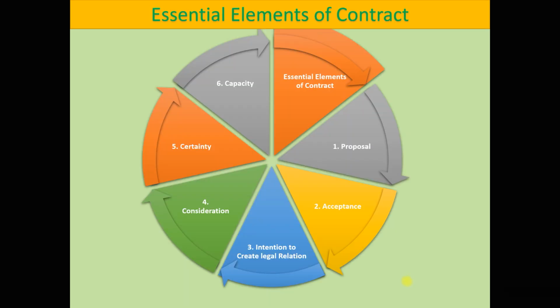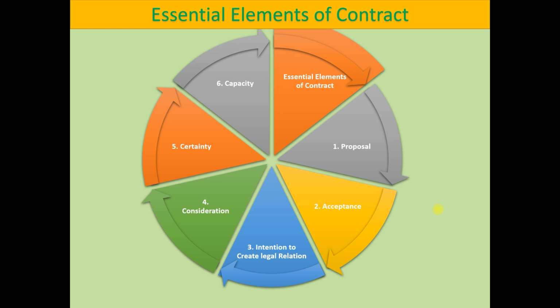Right. Okay, guys. These are the essential elements of contract. All in all, there are 6 essential elements, and by hook or by crook, all these elements have to be fulfilled before we can say that a contract is enforceable by law. So if one of these elements is omitted, most probably the contract will not be recognized by the law, right?